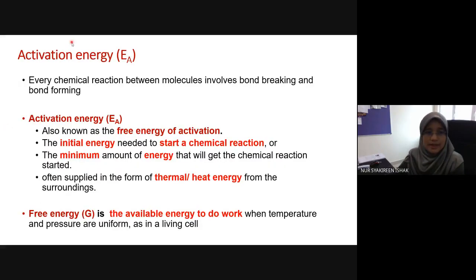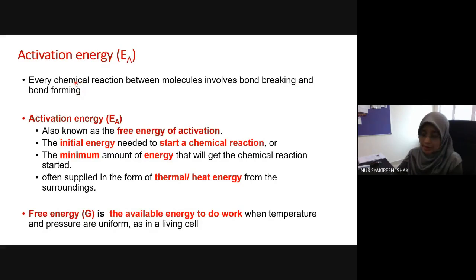So the next one is activation energy. What is activation energy? This is activation energy, also known as free energy of activation. Every chemical reaction between molecules involves bond breaking and bond forming.